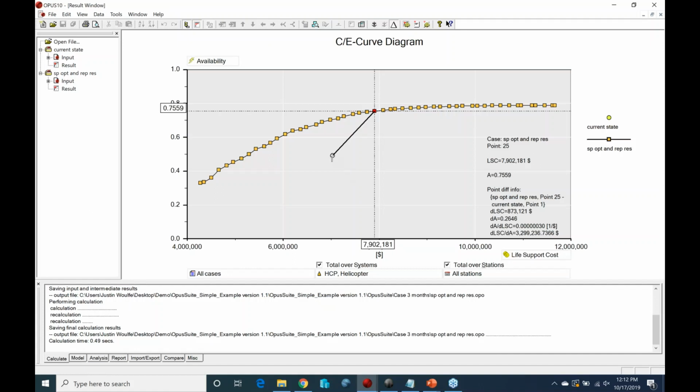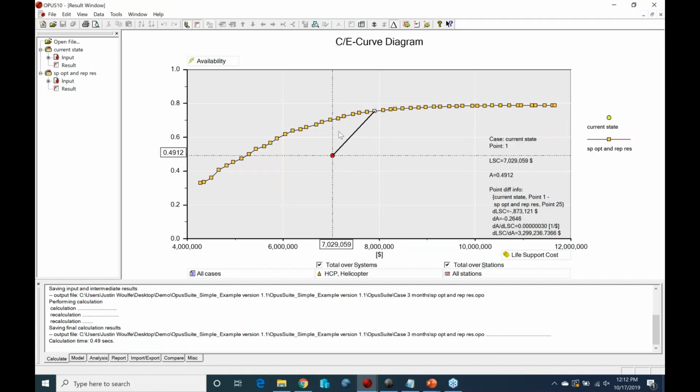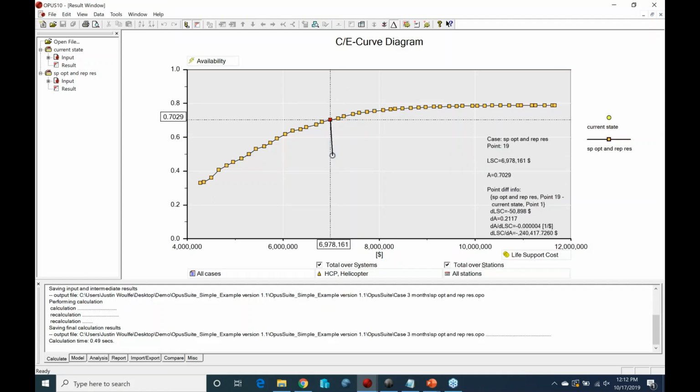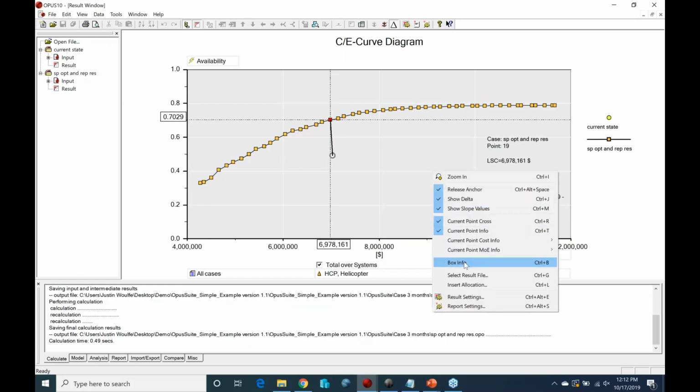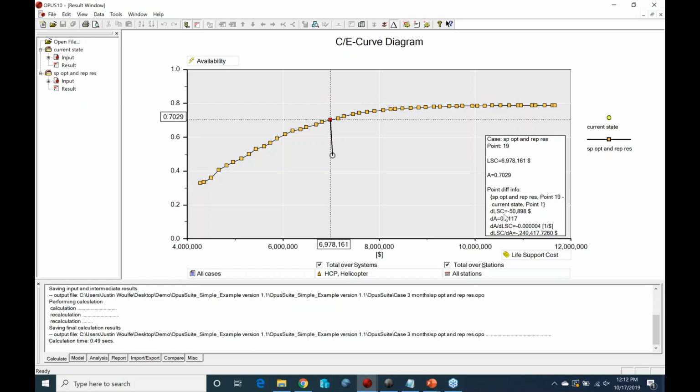What we can see is that for that budget, given the spares we have deployed and the people and where they're located, we're really not doing so great. For about the same budget, a savings of maybe $50,000, so nothing super significant, I could potentially achieve a 21% higher system availability.